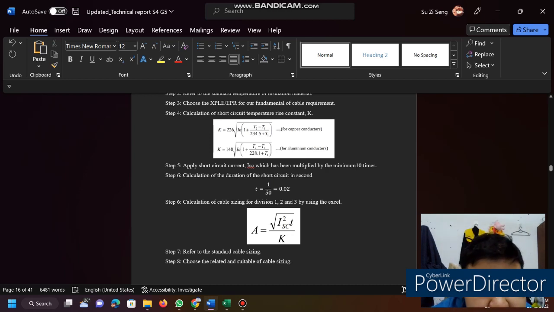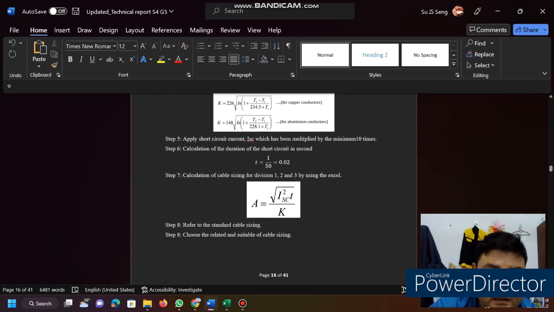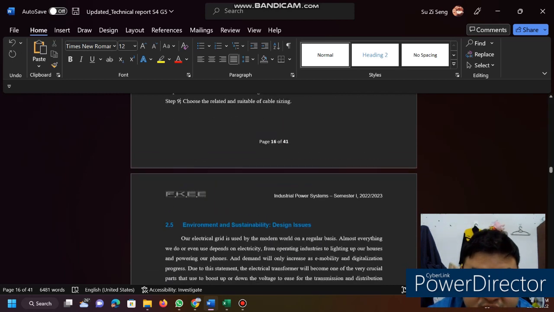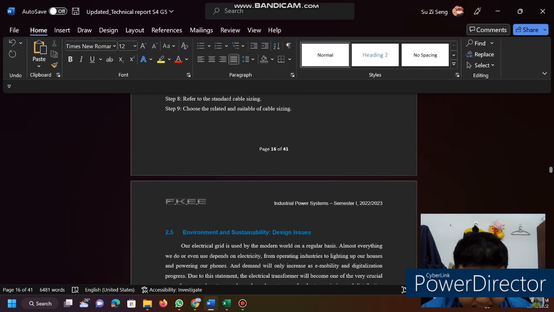Step 6 is the calculation of the duration of the short circuit in seconds. The frequency in Malaysia is 50 hertz. Step 7 is the calculation of cable sizing for each division, and step 8 is referring to the central cable sizing. Step 9 is choosing the suitable rated standard cable sizing.